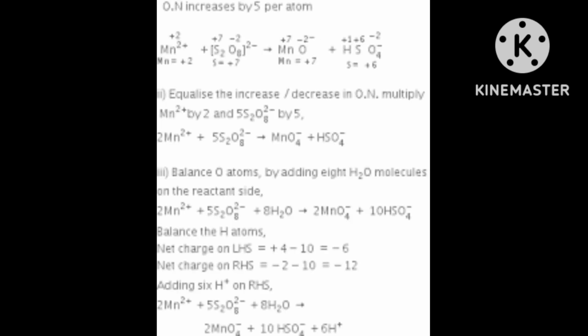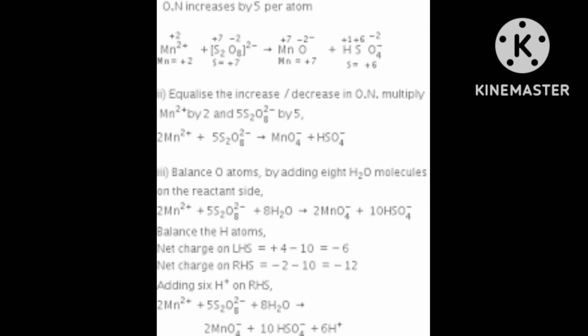Here you have written that you have to balance only the charge, but in one step it will not be balanced. In the 3rd step, you calculate the increase and decrease of oxidation number and make the increase equal to the decrease. For that purpose you are adding coefficients, but despite that it will not be fully balanced.